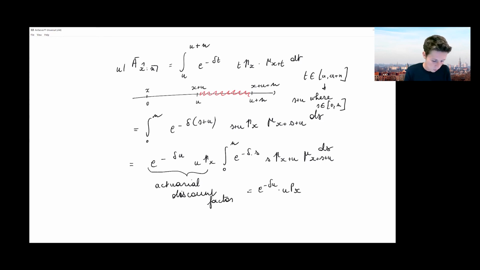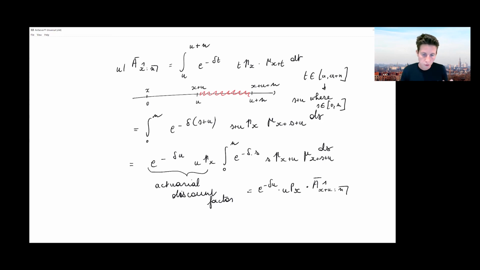And then if you look at the expression over here, this is the expression for a term insurance with a duration of n years, but now a term insurance that is issued to an x plus u years old. So here I get a bar, and I get x plus u with a duration of n years, and I should put the 1 on top of the x plus u because I'm looking at a term insurance. Yeah?